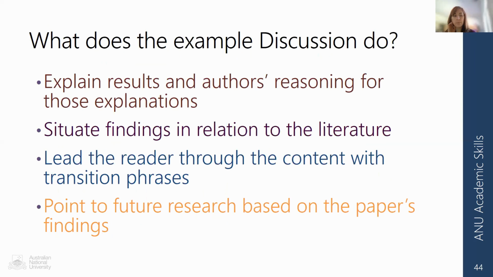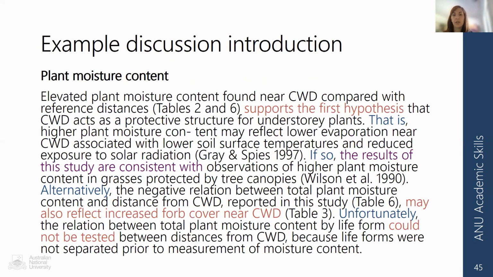Okay, so just looking at some of my examples here, I've got where the author explains their results and their reasoning for those explanations, where they situated their findings, where they lead the reader through the content, and where they point to future research based on the paper's findings. So you could do your own color coding, have a little strategy for figuring out how they do the various things they do in their discussion paragraphs.